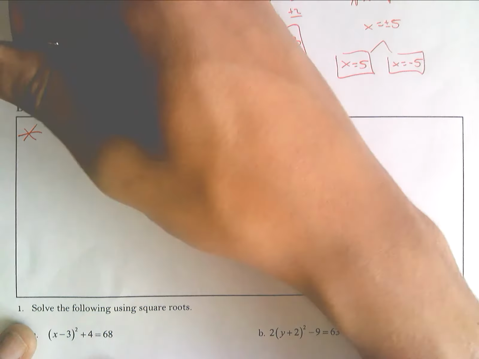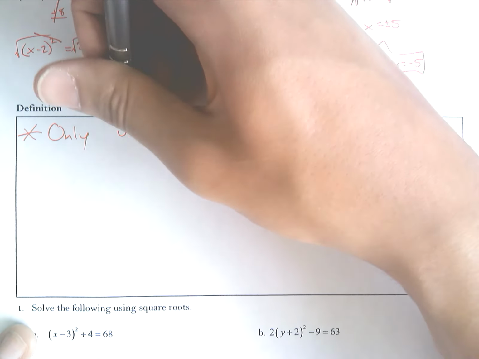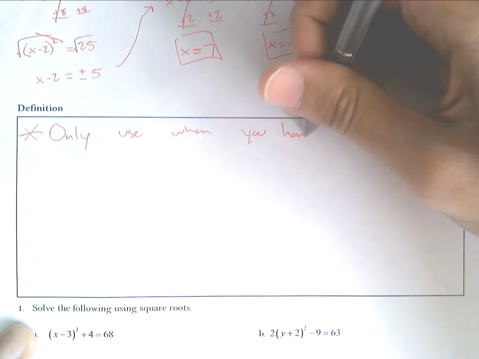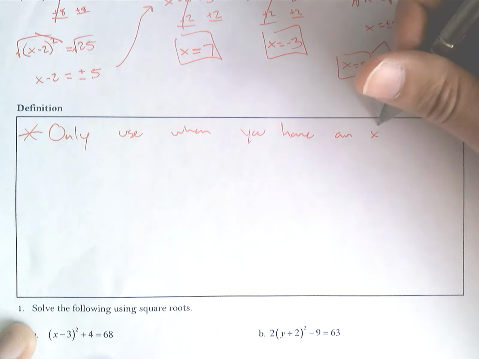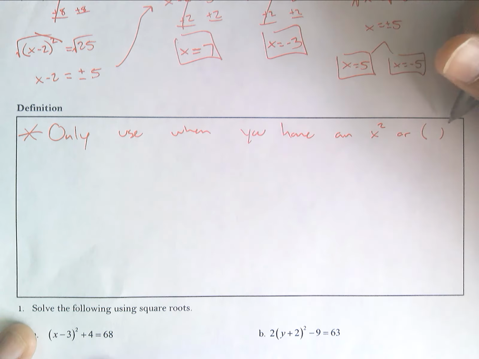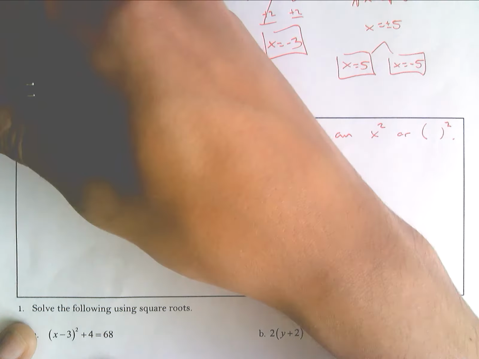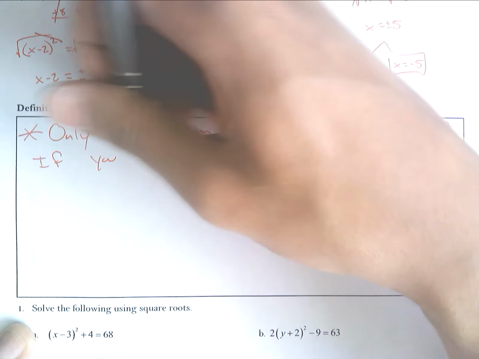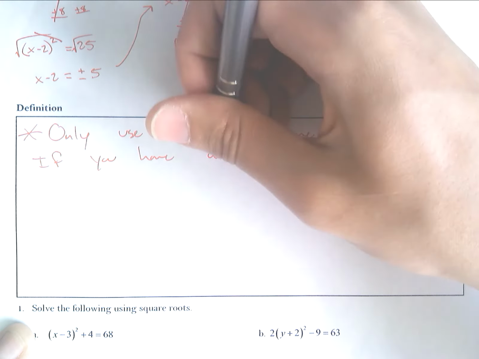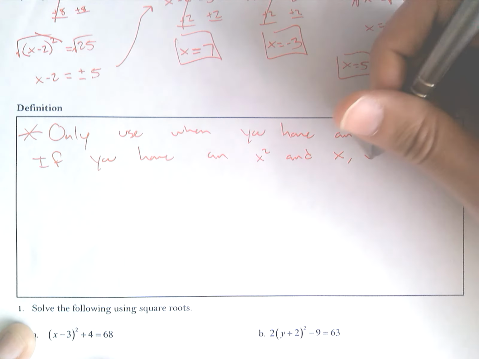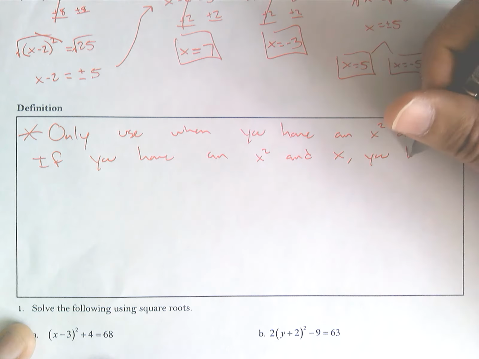We can only use this when you have an x squared or a parentheses squared. So now we're adding in parentheses squared. If you have an x squared and an x, then you have to use another method.